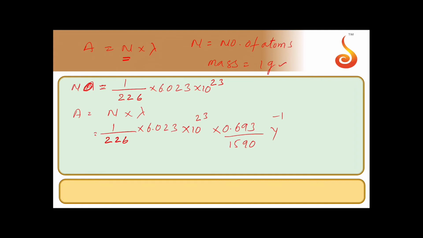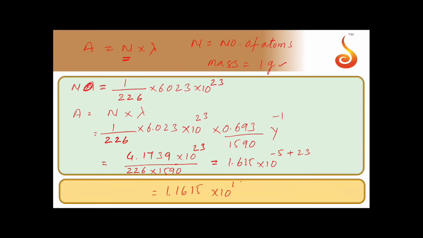And this value on simplification comes out to be 4.1739 by 226 into 1590, which is further equal to, 10 to the power of 23 is there here, which is further equivalent to 1.1615 into 10 to the power of 18.